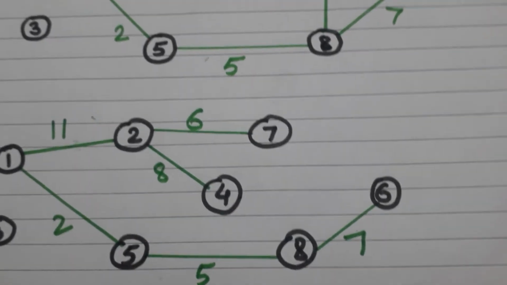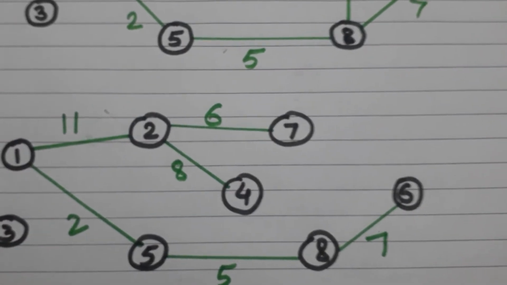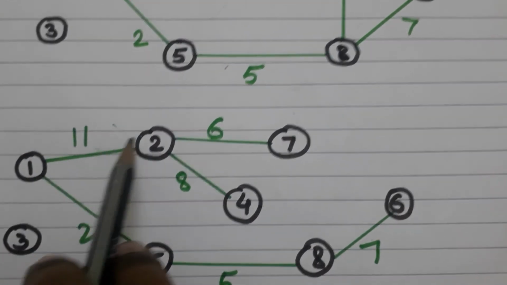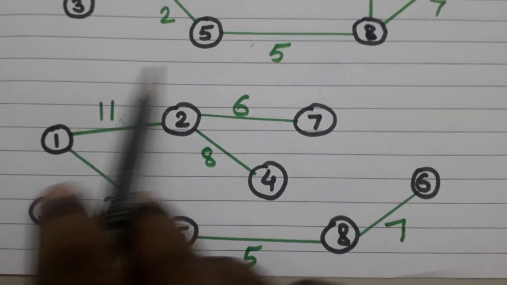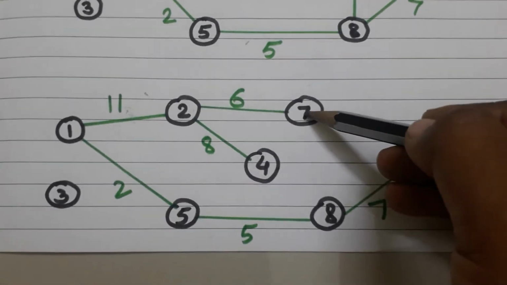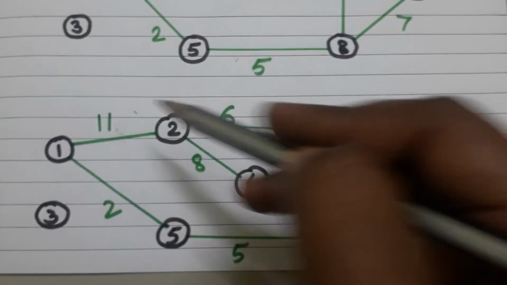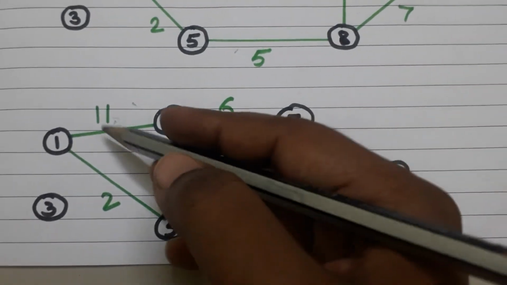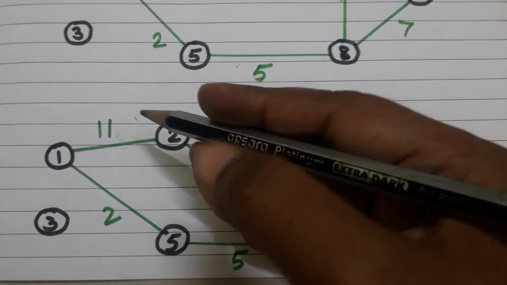Now here in this diagram you can see that we have drawn an age from 1 to 2 or from the 2 to 1 with weight 11. Now instead of this 7 to 8 age, we draw 1 to 2 age. So here it will be okay, it is correct.